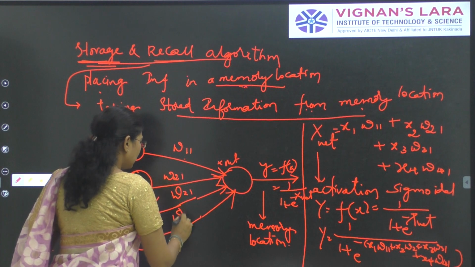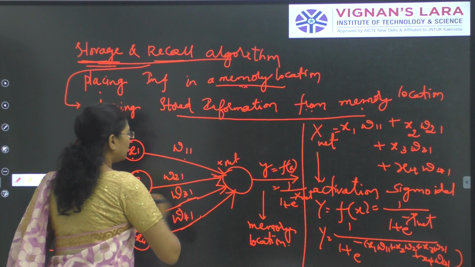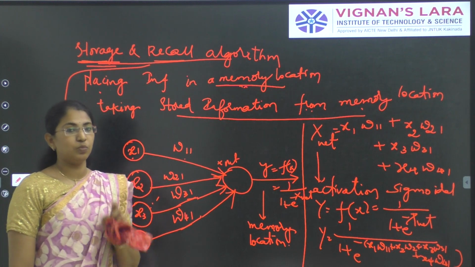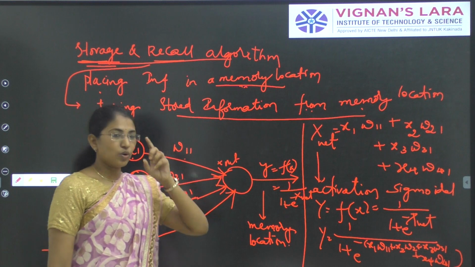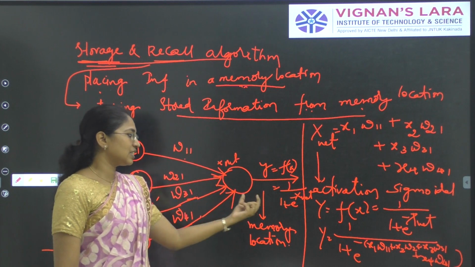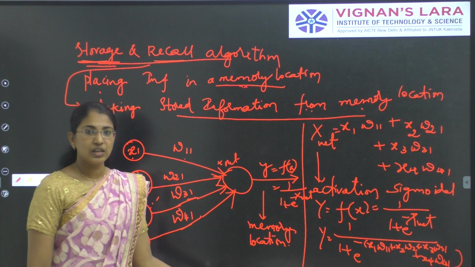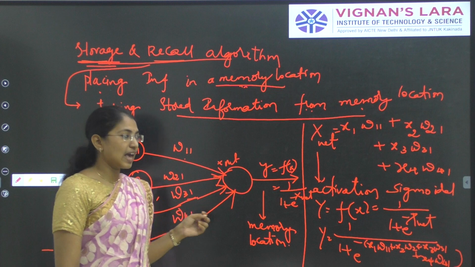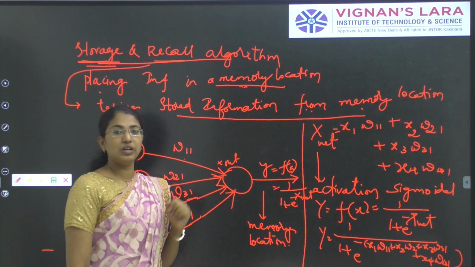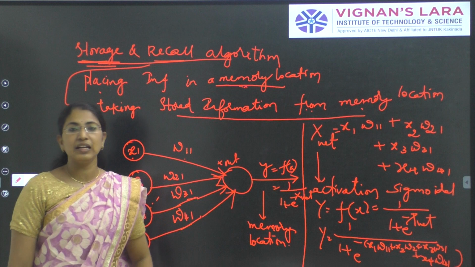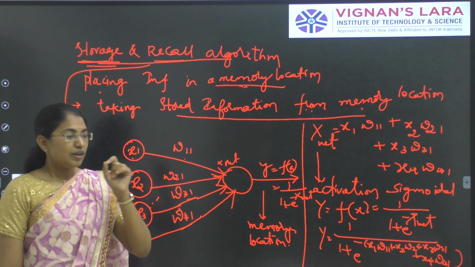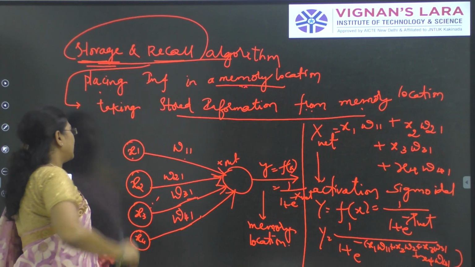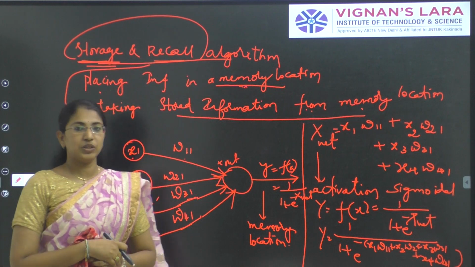Let us consider you are recalling into the same neural network after some time as one of the inputs. You are going to recall this stored output from the memory location and feed it as one of the inputs to the neural network, and again calculate a new output of the neural network, and that is called storing and recalling in an artificial neural network.